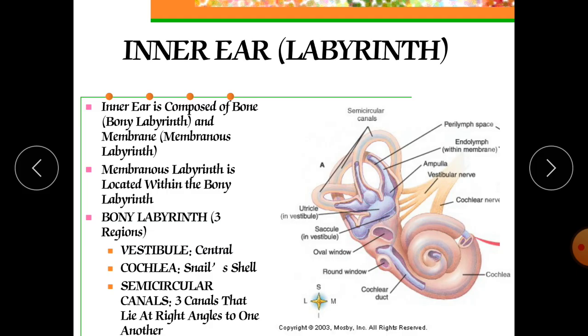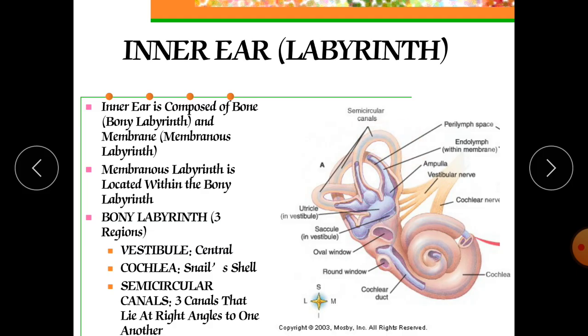The saccule and utricle are connected by small ducts. Projecting superiorly and posteriorly from the vestibule are the three semicircular canals, which you can see here. Try to understand and recall what we are discussing.